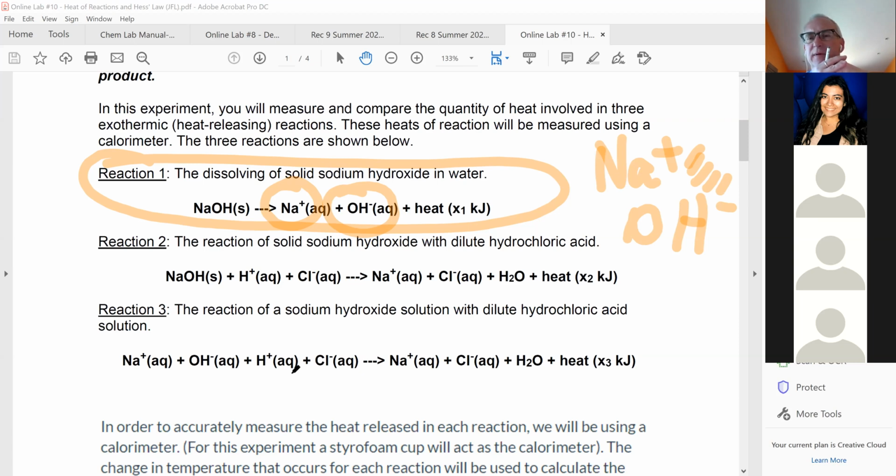It's different in that when we break a covalent bond, there are electrons that were shared, and we break that so that they're no longer sharing those electrons. Well, in this instance, they weren't sharing electrons before. Hydroxide just took the electron from sodium, but there was a strong interaction between them.